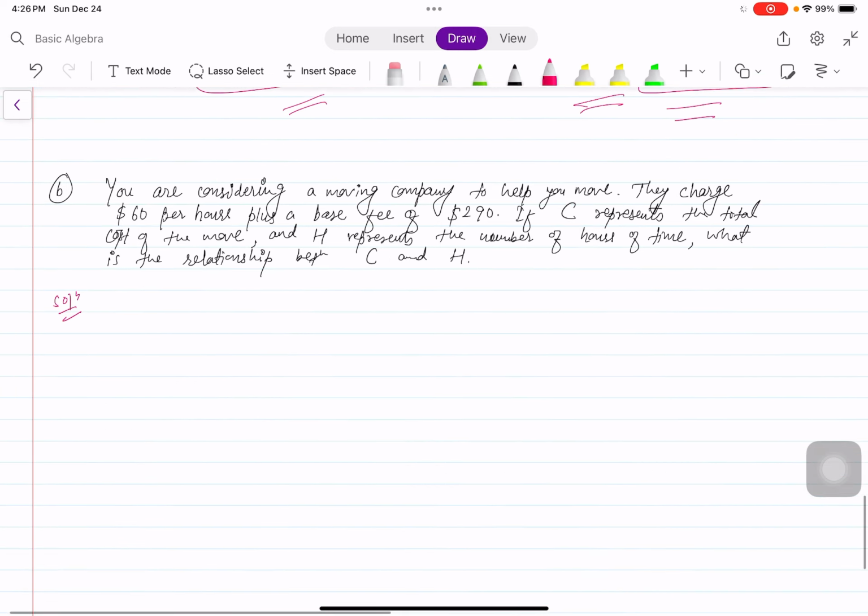Okay, welcome back. I hope you have gone through the instructions, and now let's try to solve it. So first of all, what are we modeling here? The rate is $60 per hour, so this is the rate, definitely, and the base price means fixed price. So rate is $60, and base price is small c, which is a fixed amount, $290.